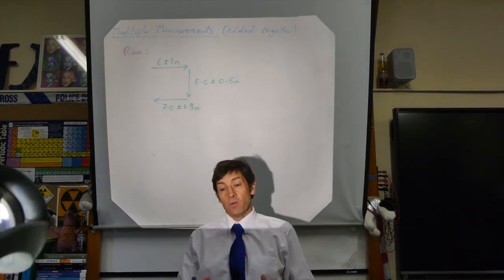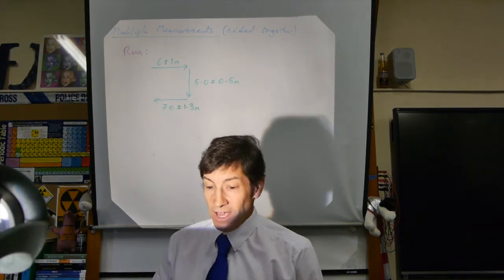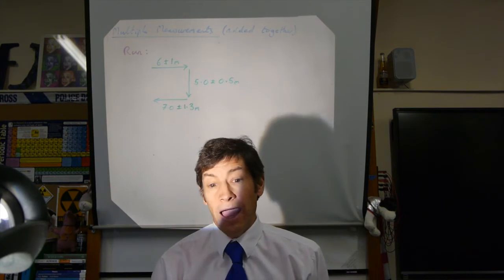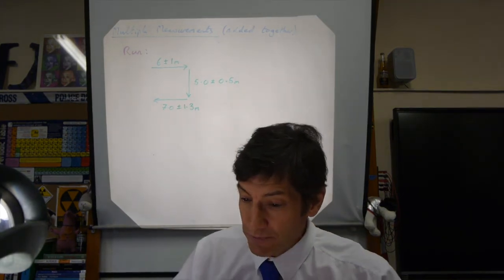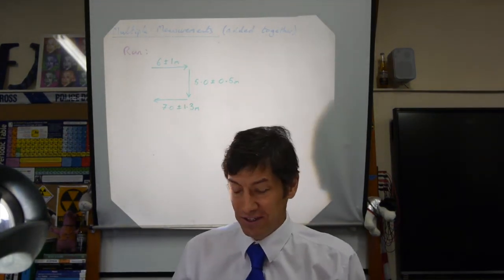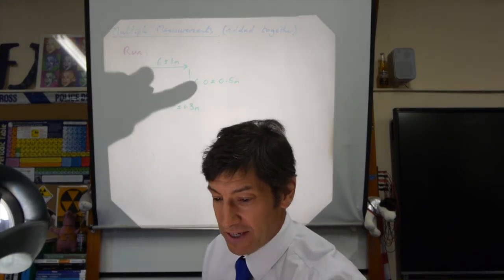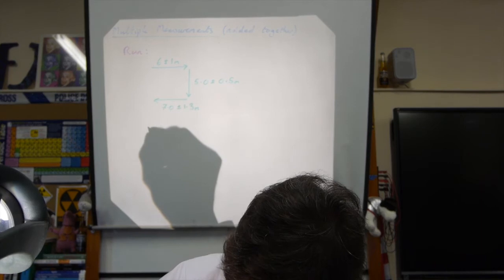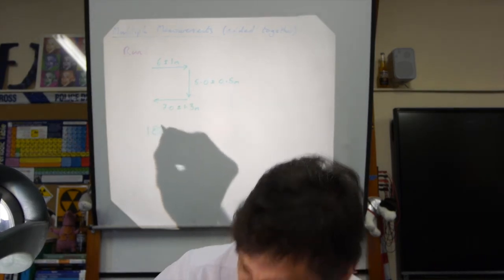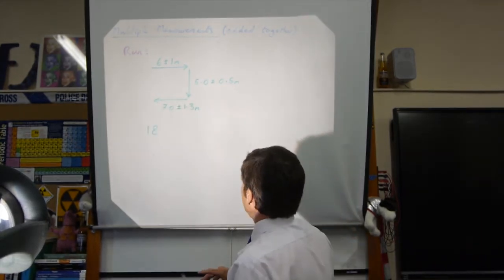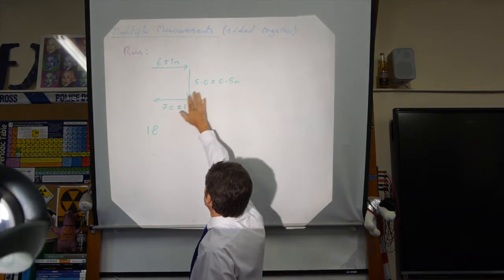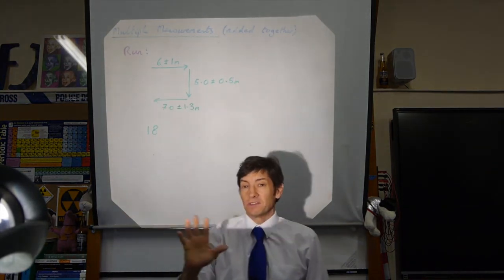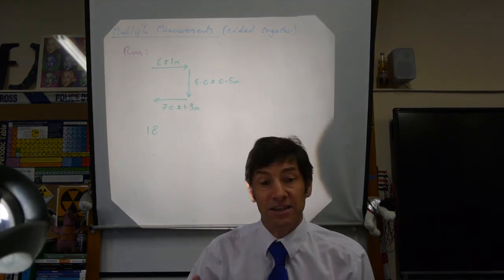So how would you quote the distance that you've run, including the absolute uncertainty? Well, I guess it's pretty obvious in this case. You add together the distances that you ran, and you ran 18 meters. Now, it's interesting that we've got 1 decimal place here and here, but we haven't got any with the 6, so we're going to leave it at 18.